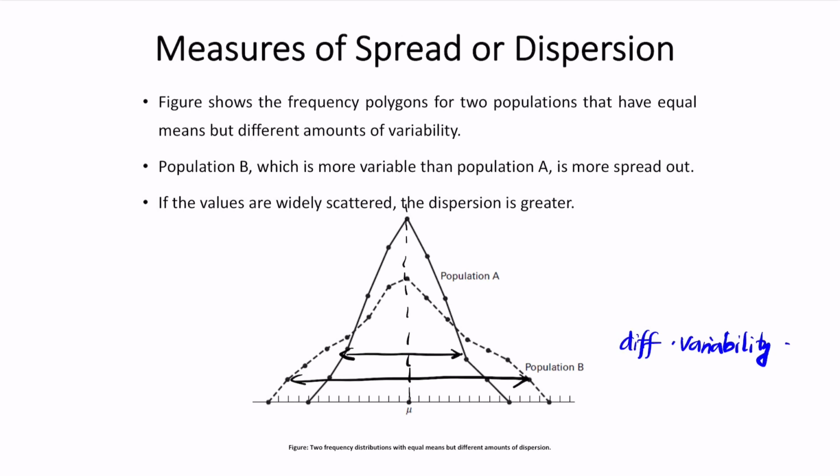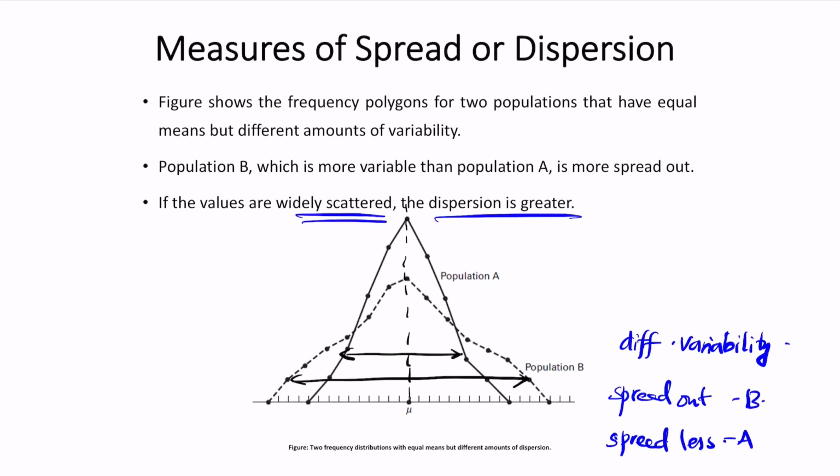This variability is what causes one to spread out more and the other to be spread less. For example, population A is spread less, but population B is much more spread out. If the values are widely scattered, then the dispersion will be greater.